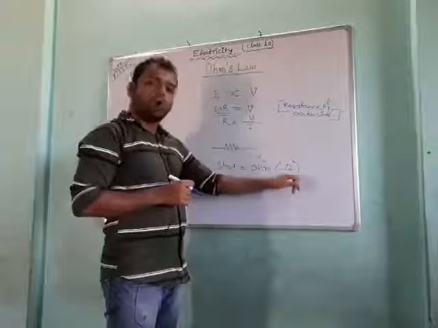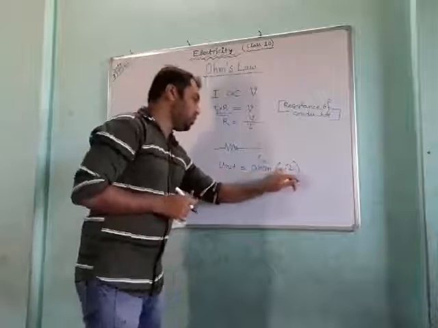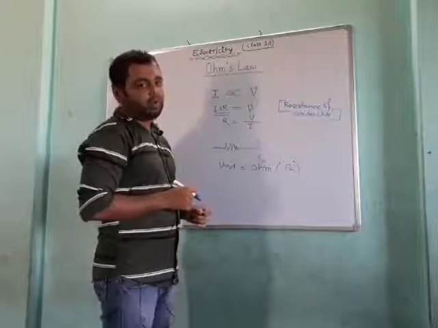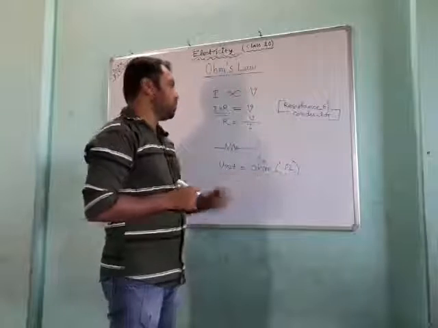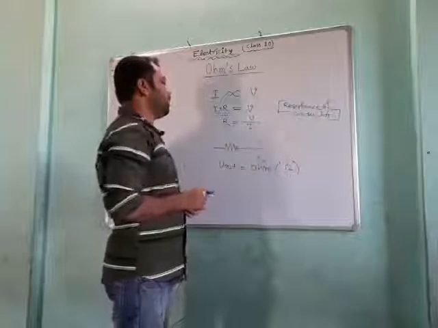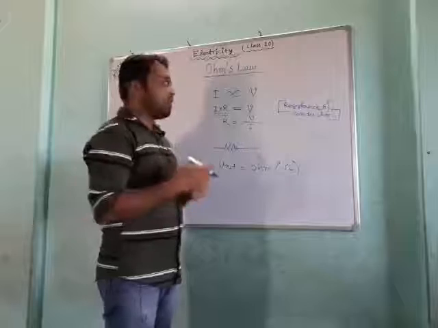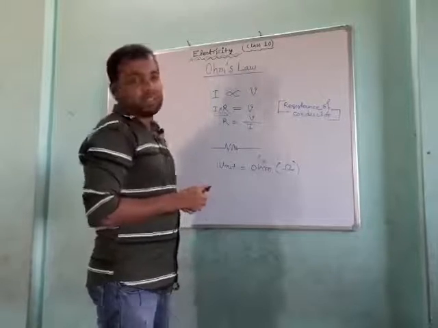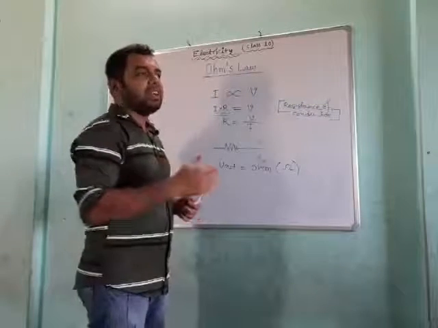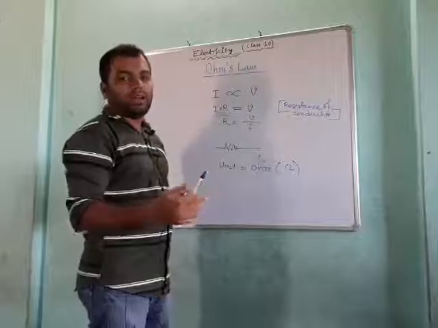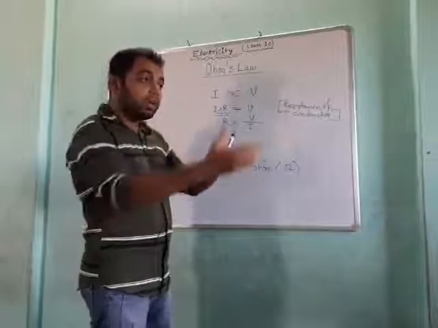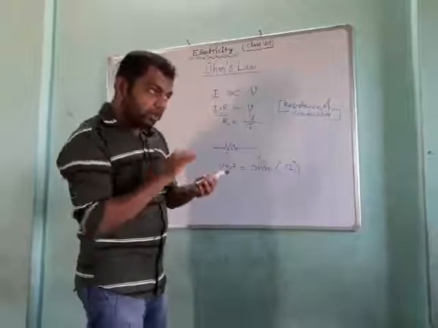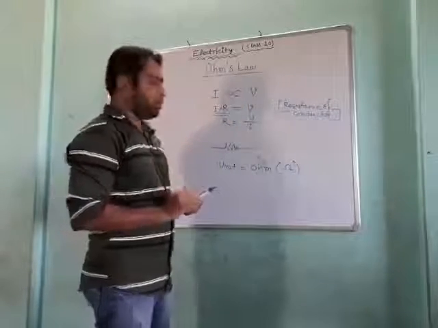This is also ohm, the simplest symbol of the unit of resistance. So what is resistance? I will tell you again. Resistance is working against the value of current. It will try to stop the current or reduce the value of current.